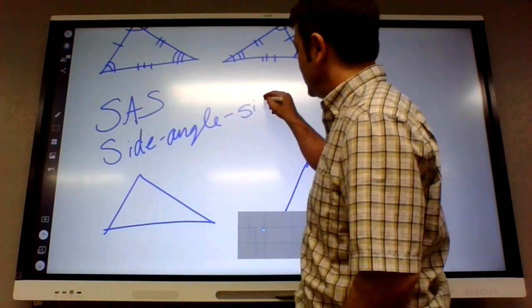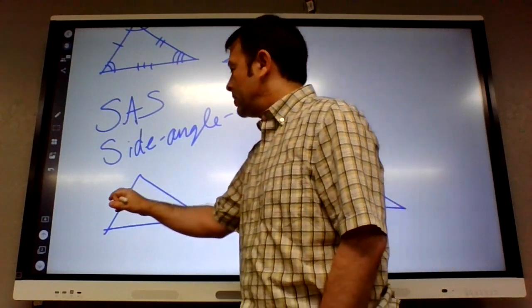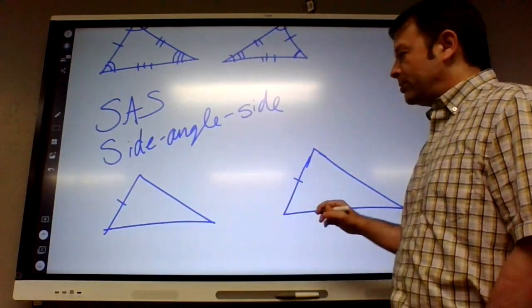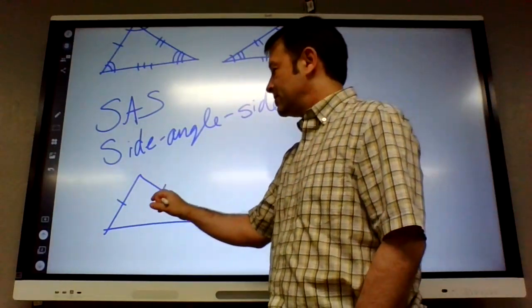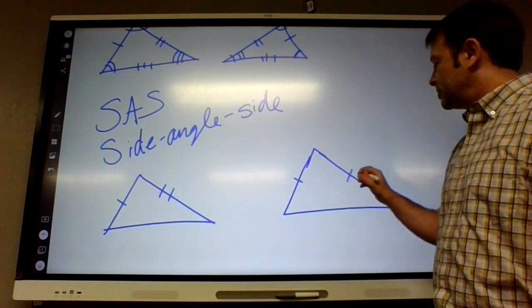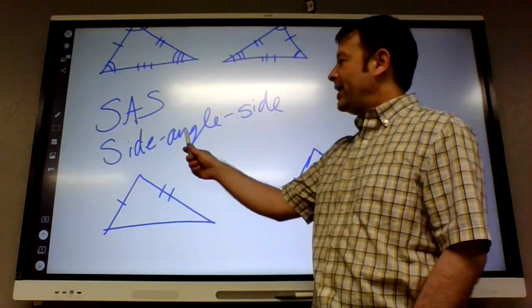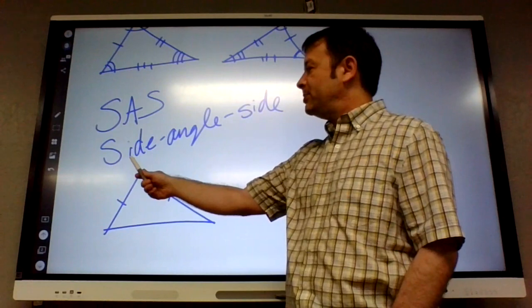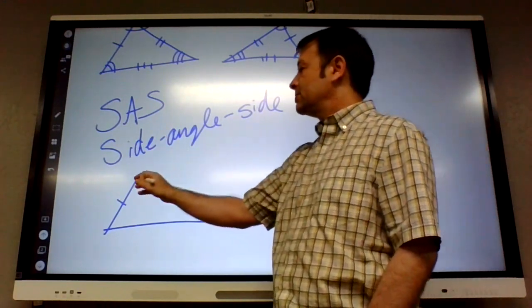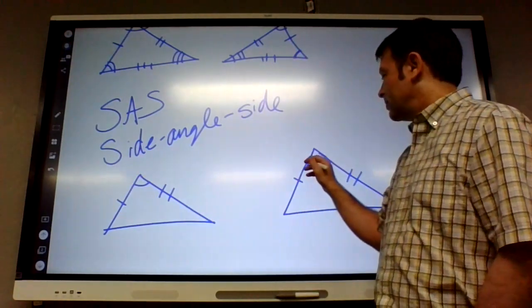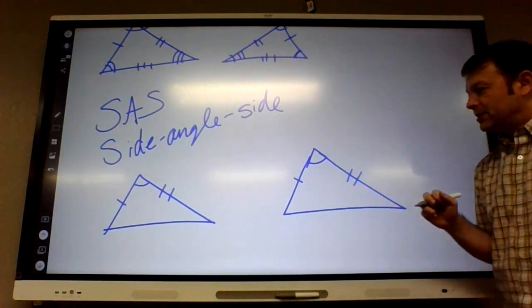What that means is you have one pair of congruent sides, two pairs of congruent sides, and the angle that's congruent has to be between the two sides. You guys get it?